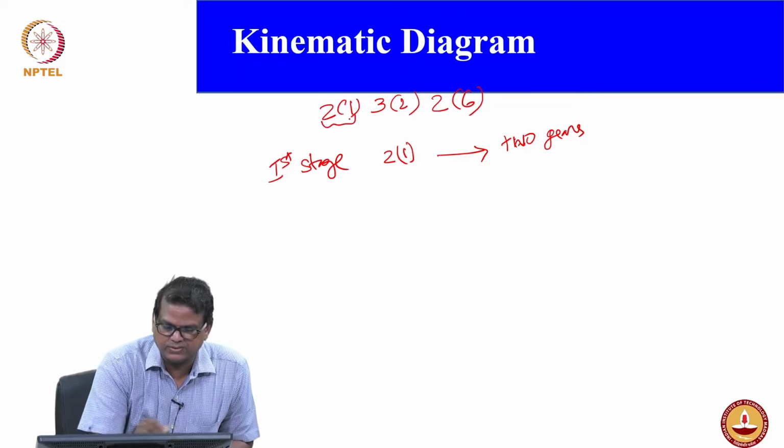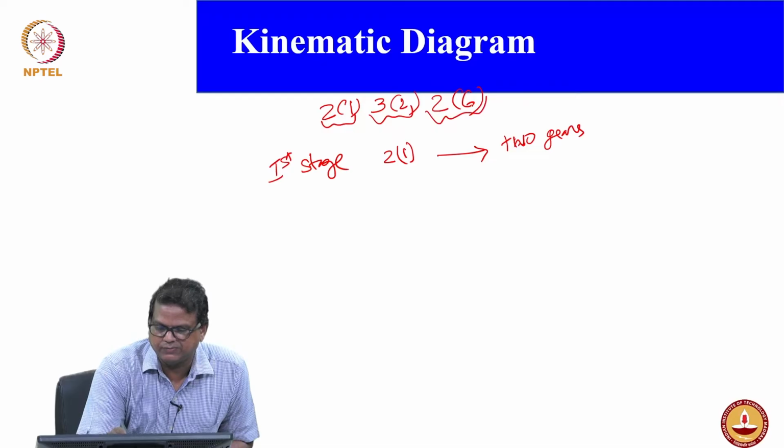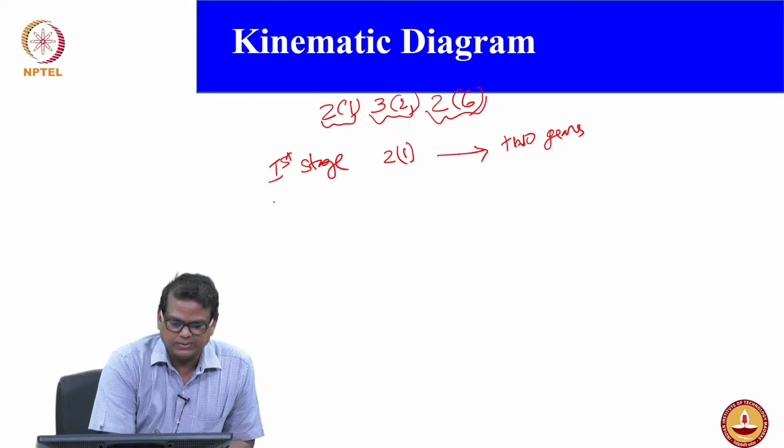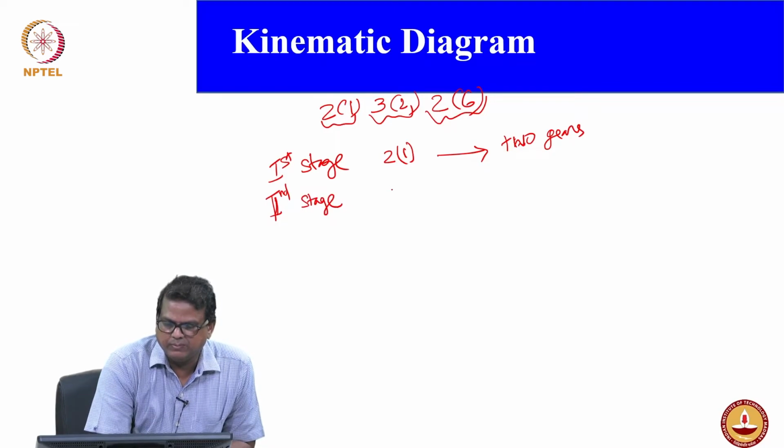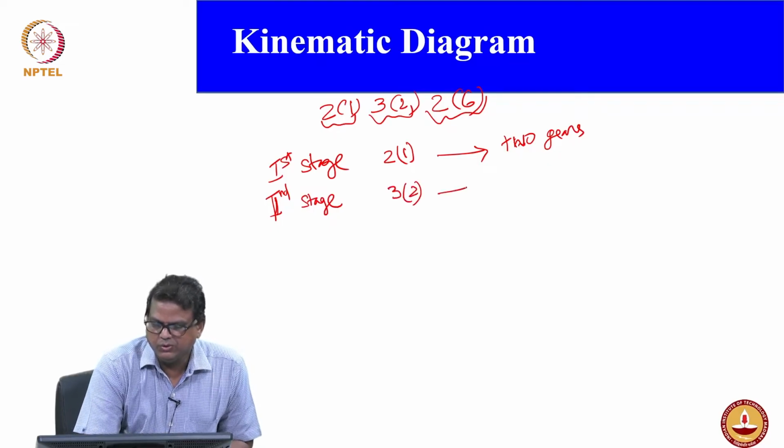This is your first stage, 3 of 2 is the second stage, and 2 of 6 is the third stage. In the second stage, the formula 3 of 2 shows you need 3 gears.